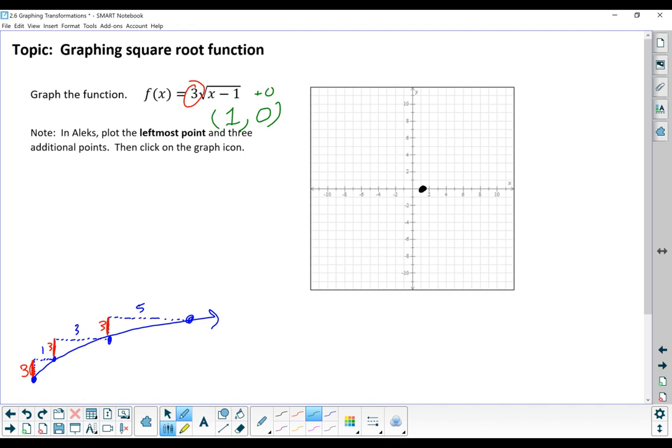So if you like to do this with a pattern, plot that starting point and then use your pattern: up 3 over 1, up 3 over 3, up 3 over 5. The 1, 3, 5 sideways pattern will stay the same. If it is stretched, it's stretched vertically. So you can see I went up 3 each time instead of going just up the regular 1.